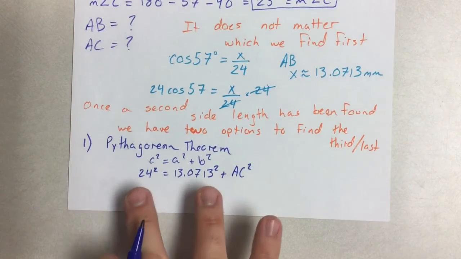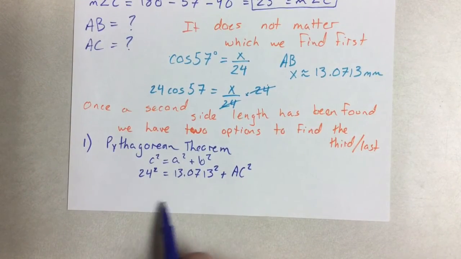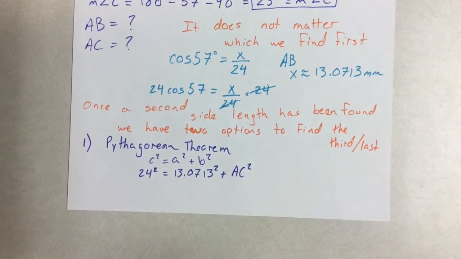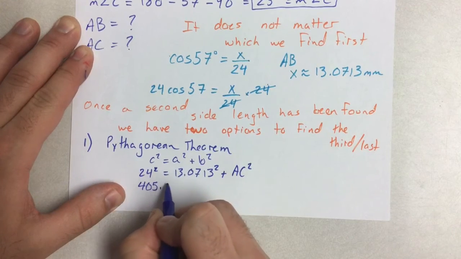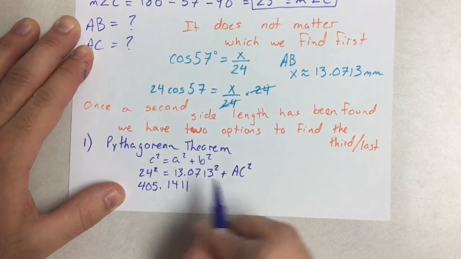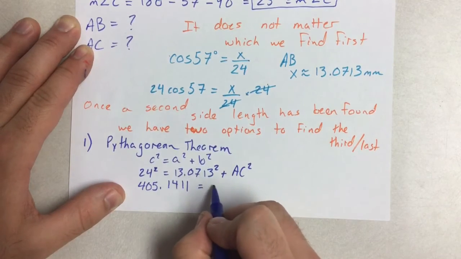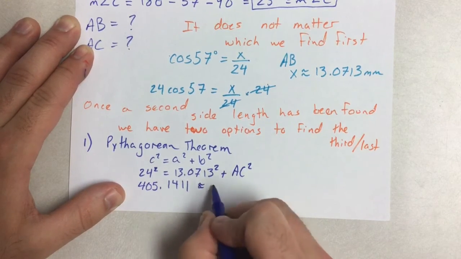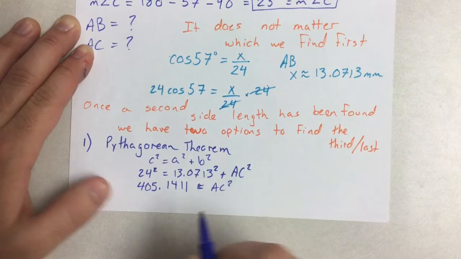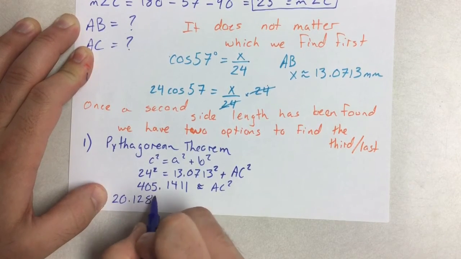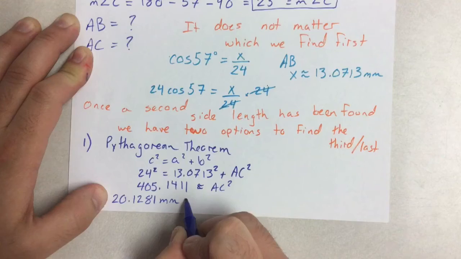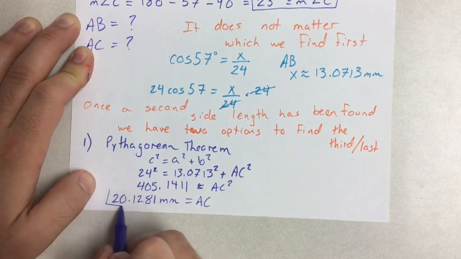We know we're going to have to subtract this value to the left, but we have to square each. When we square the 24 and the 13.0713 and subtract, we get 405.1411, so again, we square and then subtract. I had to round, so that's approximately AC squared. When we square root both sides, we get 20.1281 millimeters. And that's the length of AC.